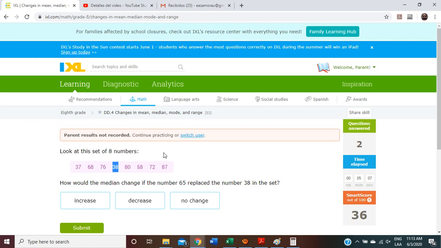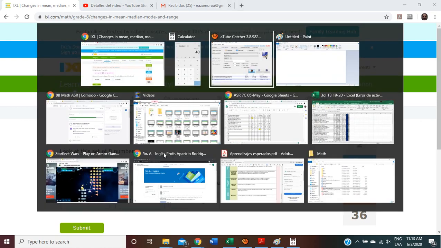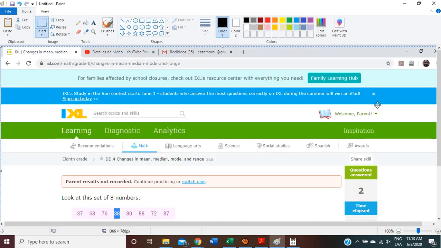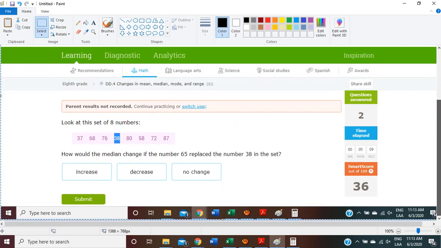Okay, so in this case, we need to order the numbers. All right, so we're going to write the lowest number, 37, I think. Yeah, it is 37, the lowest, comma, 68. Well, 37 is already written.